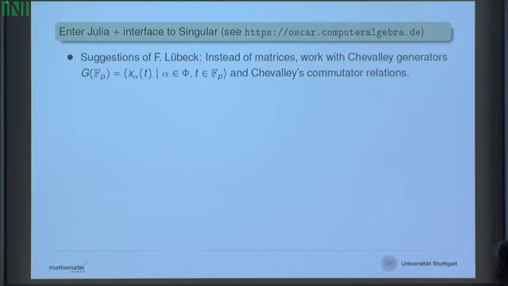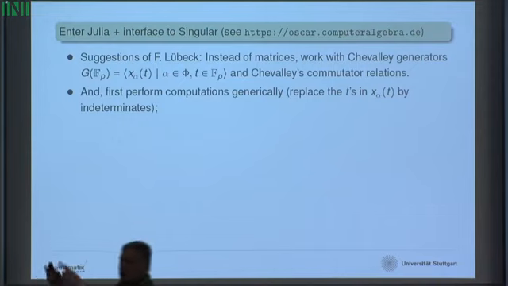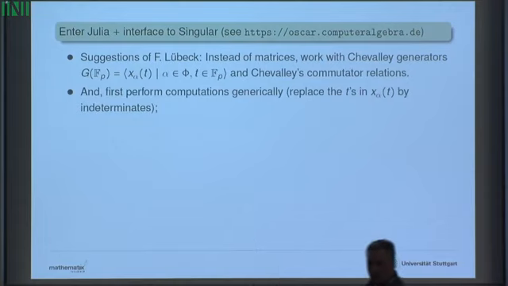Okay, that's one thing. And secondly, you can use another trick, namely, instead of doing all these computations with the Chevalley relations for all elements in your finite fields millions of times individually, just replace the t's in these generators by indeterminates. First do a generic computation over a polynomial ring.